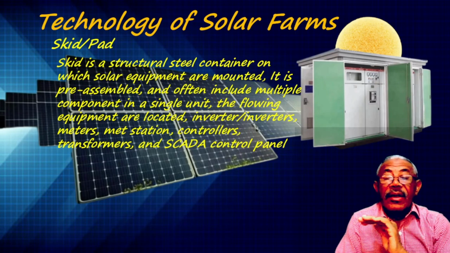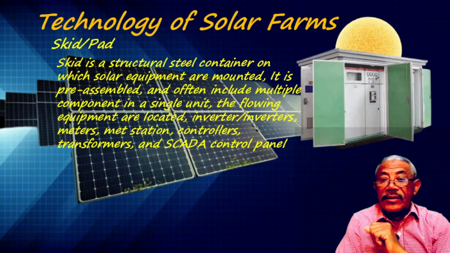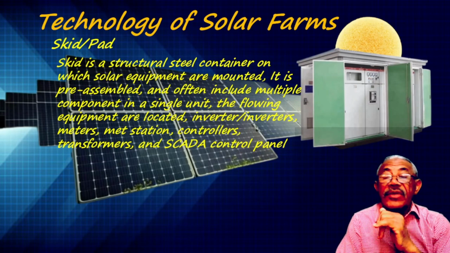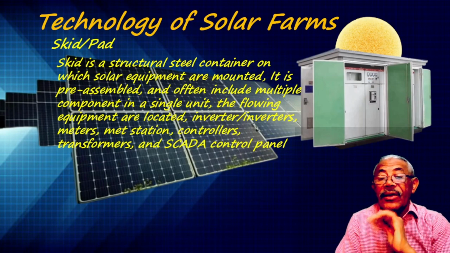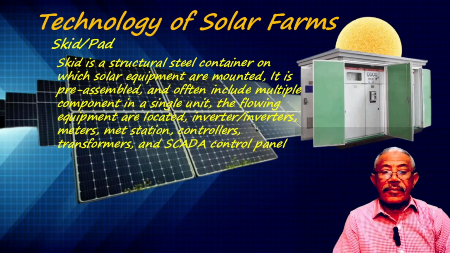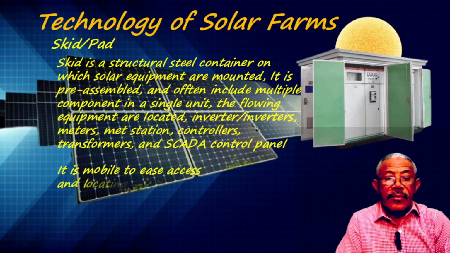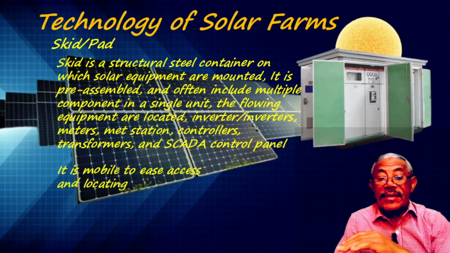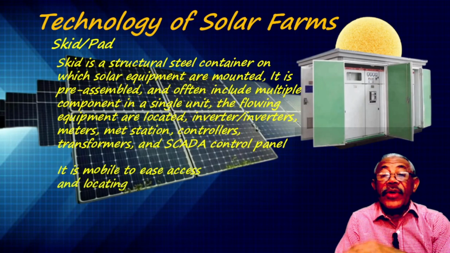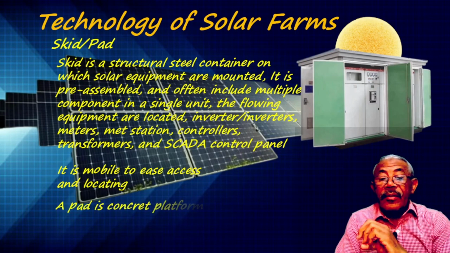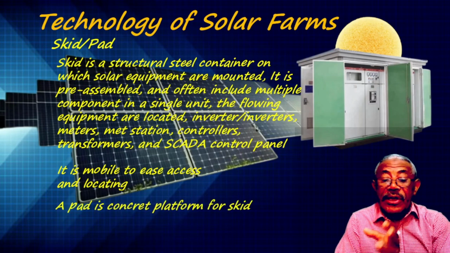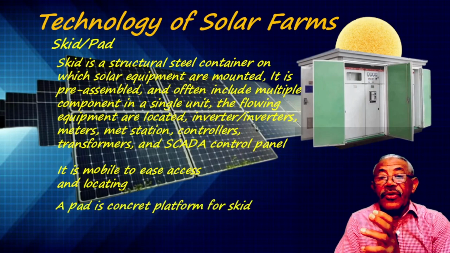The following equipments are located: inverter or inverters, meters, met station, controllers, transformers, and SCADA control panel. It is mobile to ease access and locating. A pad is a concrete platform for the skid.